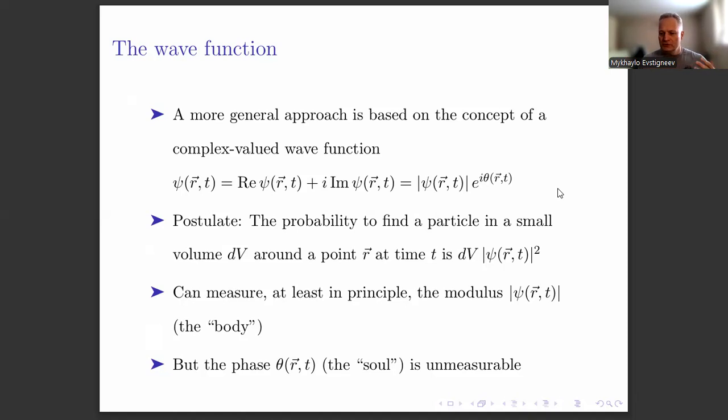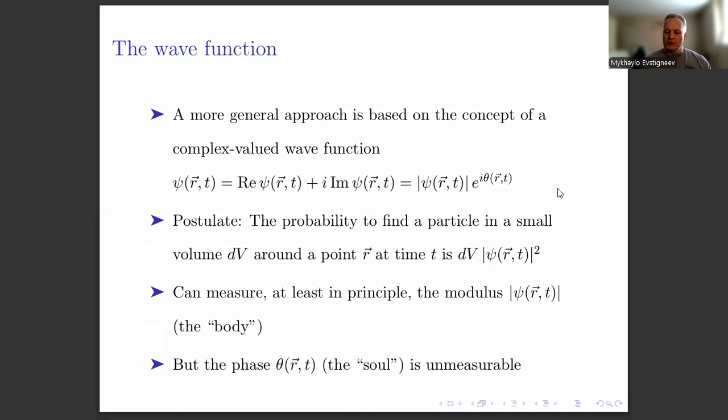Let's say I want to determine where the electron is located, so I somehow perform a measurement of the electron's position. What is the probability that I will find the electron in that volume dV around the point r? The answer: modulus psi of r, t squared times dV. That's the probability. And modulus psi squared is the probability density.